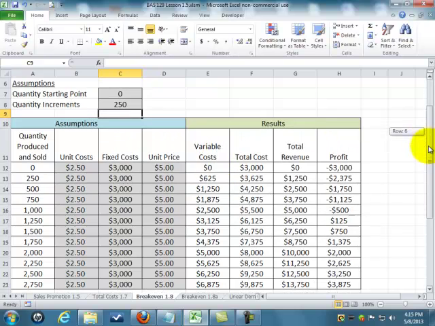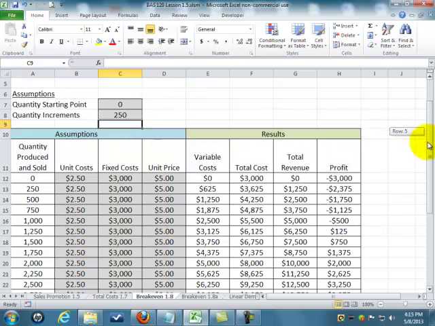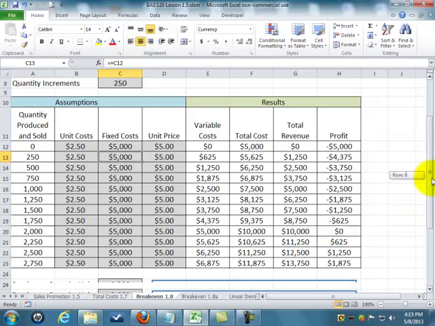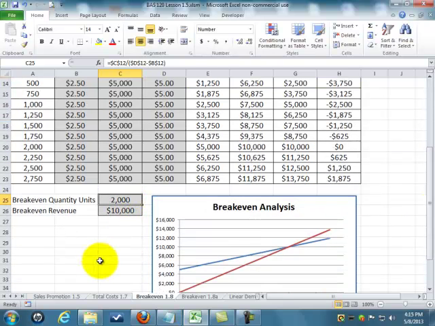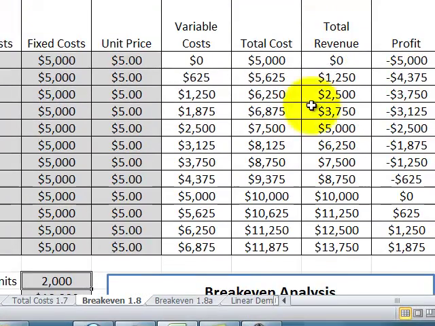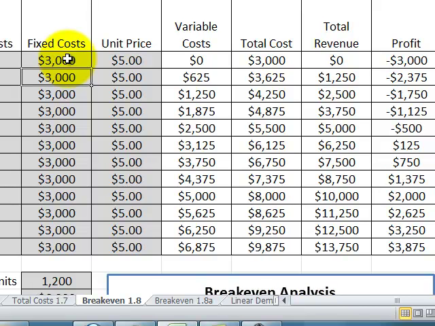Let's try, obviously, if our fixed cost increased, that's going to drive our break-even higher, because we have to produce more. It takes it up to 2,000 units, and you can see it updates the graph for you. So have fun playing around with this. The best way to learn this is to play around with this stuff in Excel, and you've got the Excel spreadsheet.